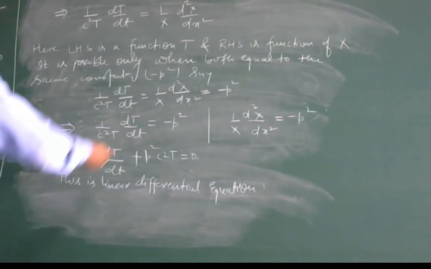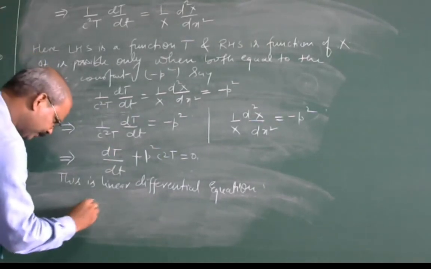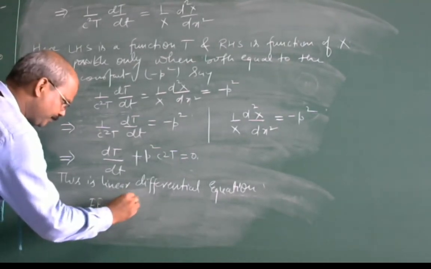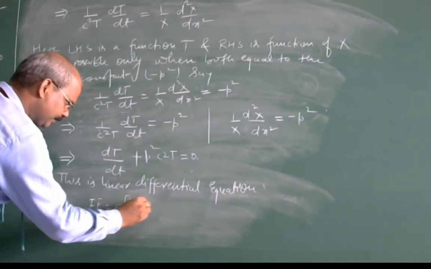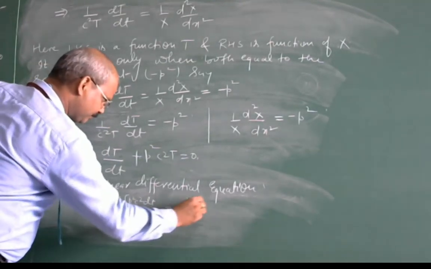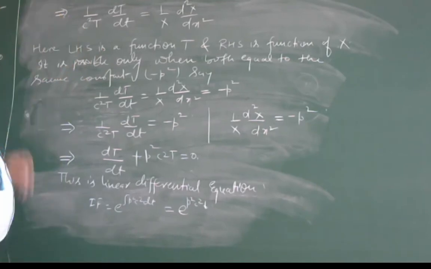It can be solved by finding the integrating factor e to the power p square c square dt. So this implies e to the power p square c square t. This is the integrating factor.